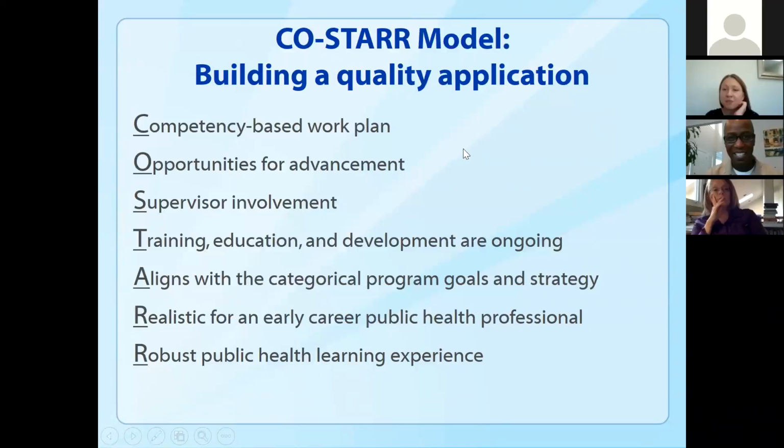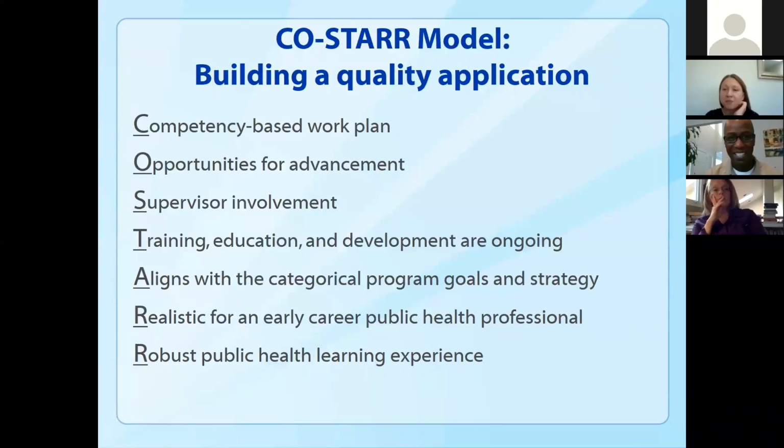All right. And then the next part is the CoStar model. And I'm not going to go through all of these. There is a PHAP training 201 that goes through the CoStar in depth. What I did is try to edit those slides so that they're more related to injury and injury prevention.